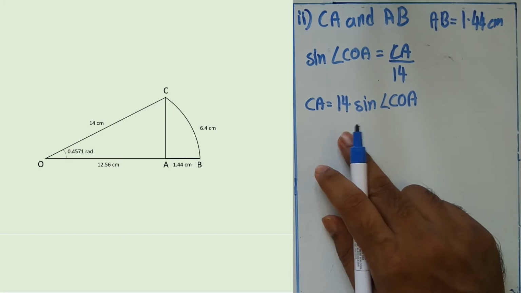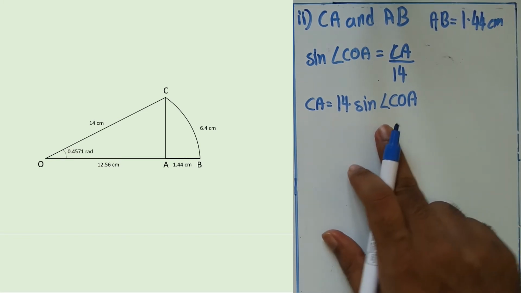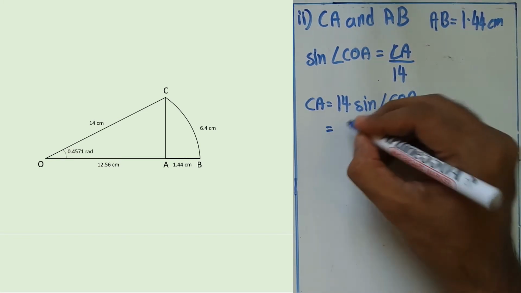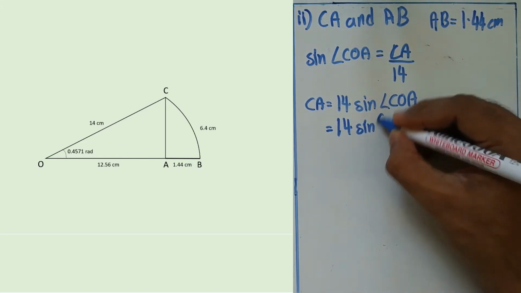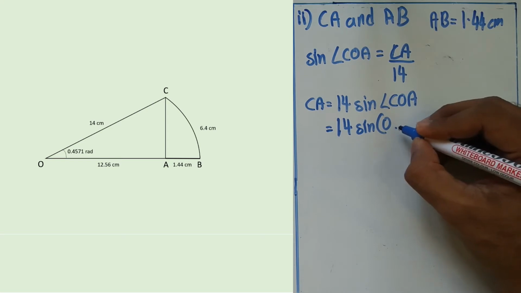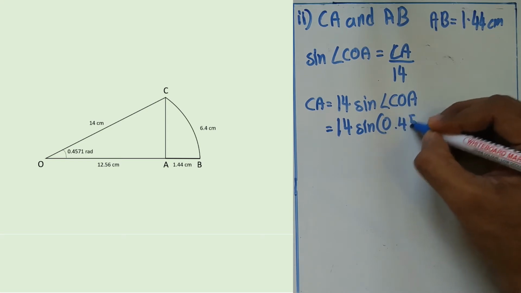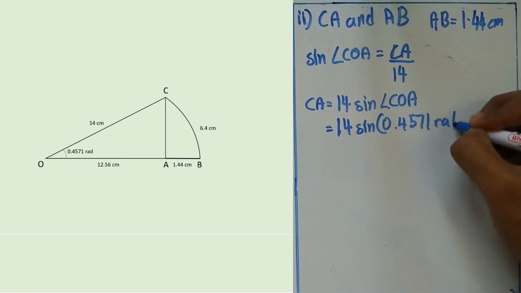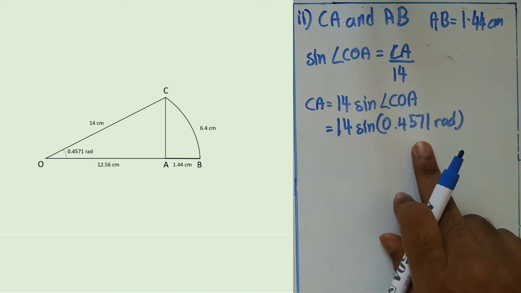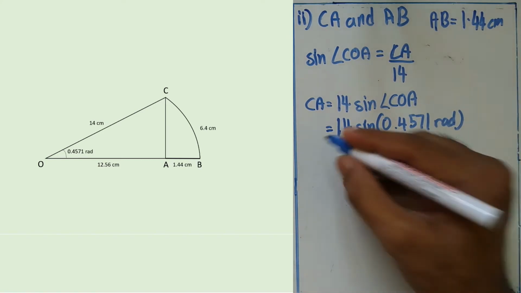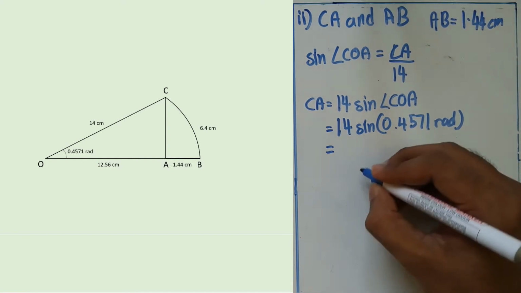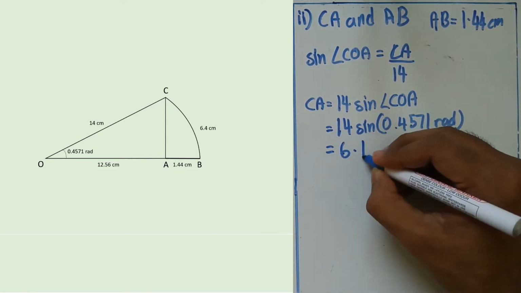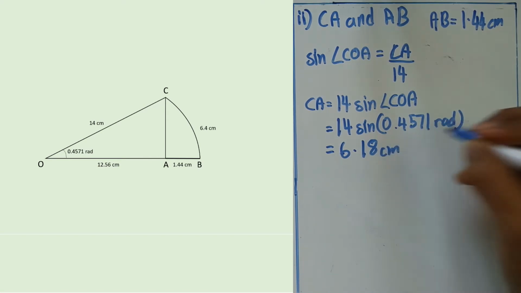CA is 14 times sine of the same angle. Mind you, the angle is in radians, not degrees. CA is 6.18 centimeters.